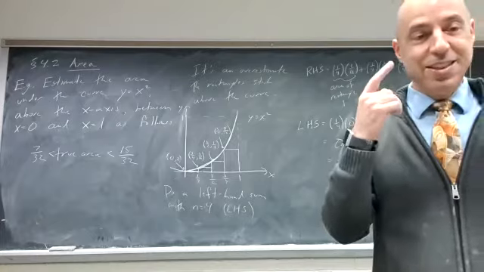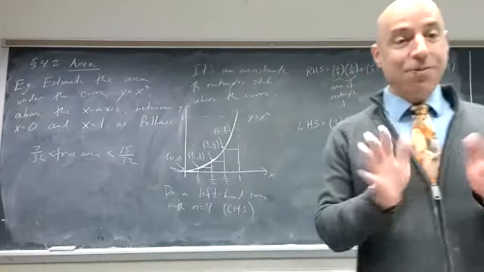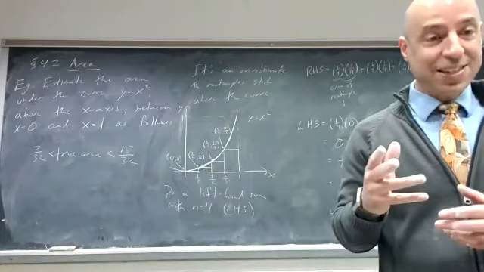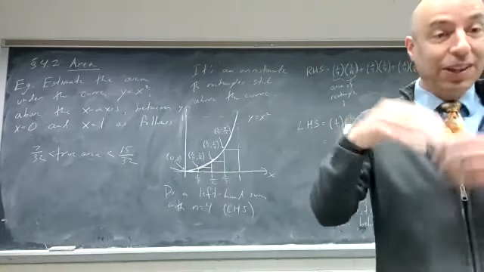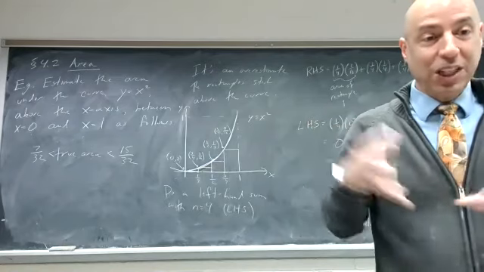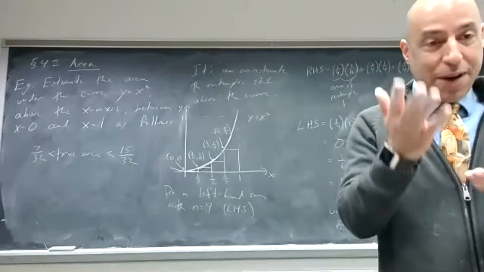Is it clear in your head that this choice n equals 4 was completely arbitrary? If I'd cut it up into 10 parts and done right-hand sums and left-hand sums, is it clear that the upper rectangles would stick up less than they did for n equals 4, and the lower rectangles would be a better underestimate?